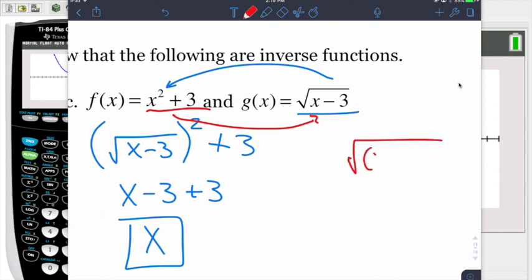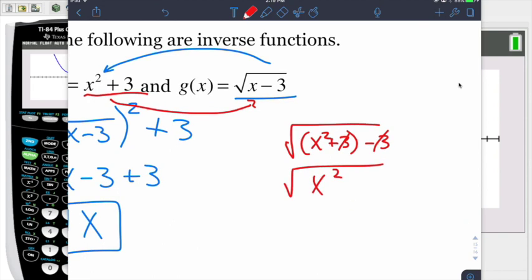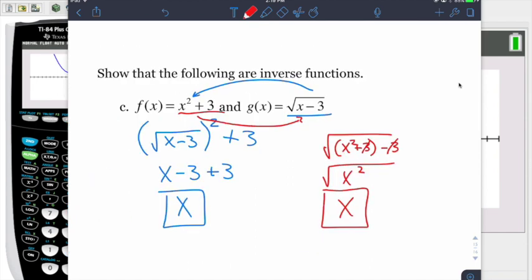Square root and then x squared plus 3 and minus 3. Alright, so then we can actually simplify these down here. Those should cancel out. So it should be the square root of x squared. So that does come out to x.